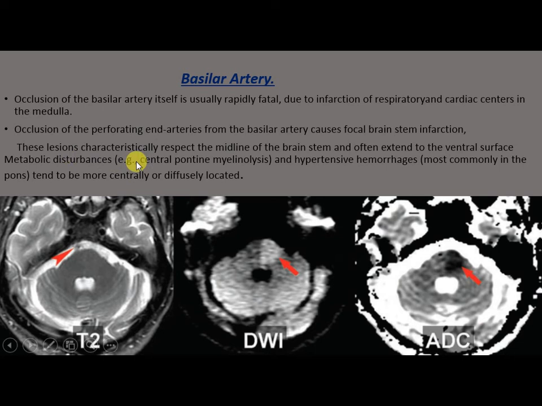These lesions characteristically respect the midline of the brain stem, so it's not crossing to the other side, and often extend to the ventral surface, in contrast to metabolic disturbances such as central pontine myelinolysis and hypertensive hemorrhage, most commonly in the pons, which tend to be more central or diffusely located.